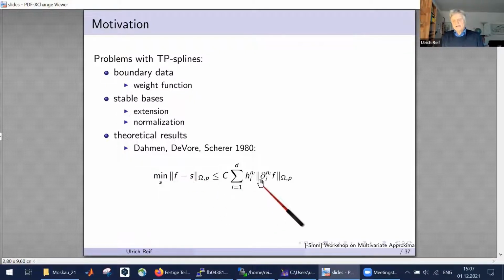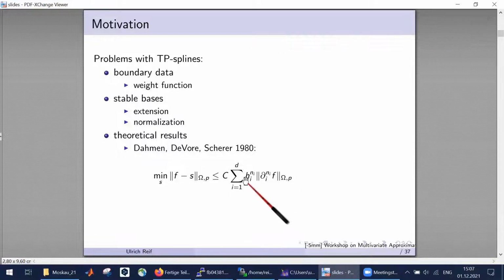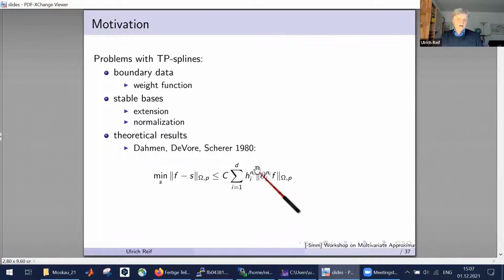On the right-hand side, you see the pure partial derivatives in the coordinate directions, and you have the grid width, the knot spacing in this direction raised to the power n_i, where n_i is the order of the spline space in this coordinate direction, and then you have a constant.